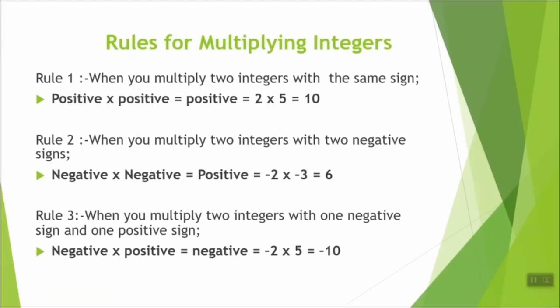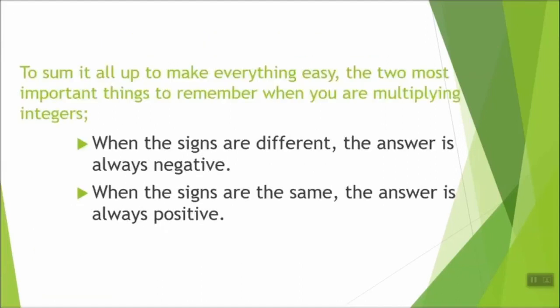So it is very easy to remember. To summarize it, we can say that when you are multiplying integers, if the signs are different, the answer is always negative, and if the signs are same, the answer is always positive.